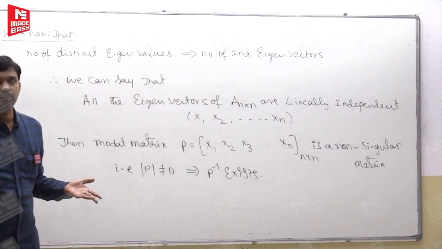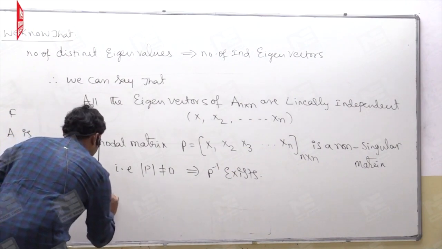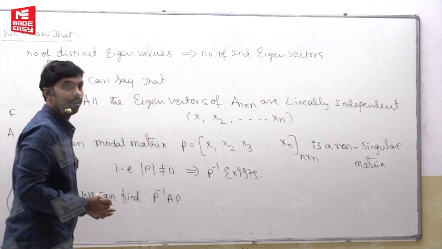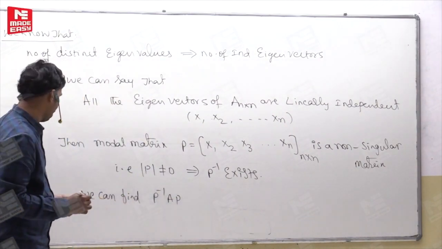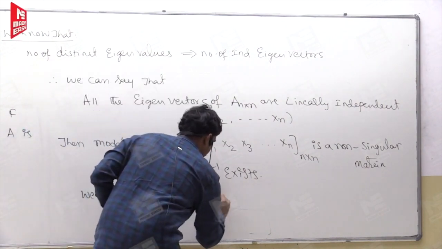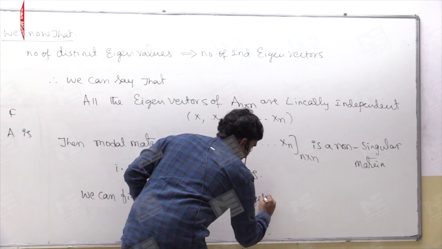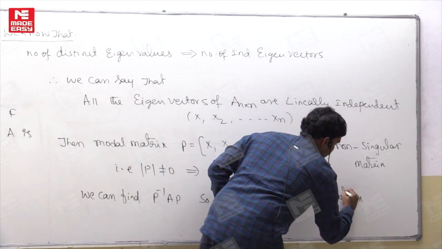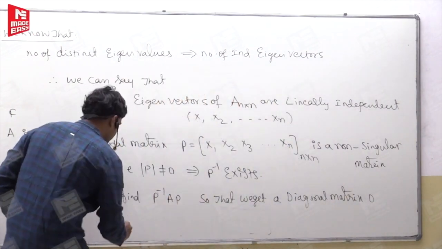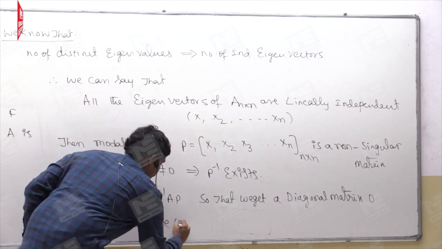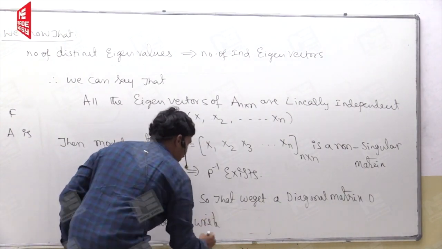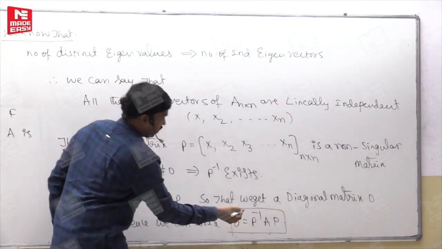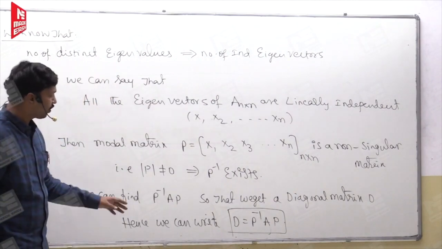Yes, if P inverse exists, we can find P inverse AP, so that we get a diagonal matrix D. Hence, we can write D is equal to P inverse AP.